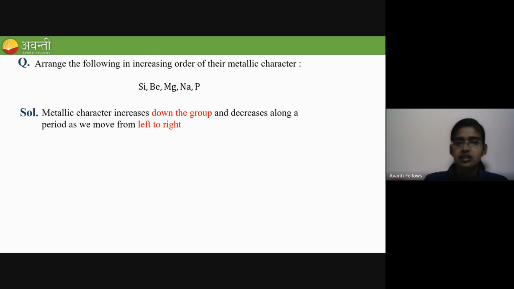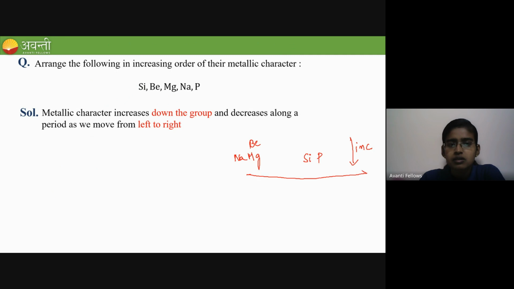This is the trend. So let me write the elements. Silicon belongs to the third period, and magnesium also belongs to the third period. Beryllium is just above magnesium, and sodium is before magnesium, and phosphorus is next to silicon. Now can you give me the order? On moving down the group, metallic character increases. Across the period, metallic character decreases.